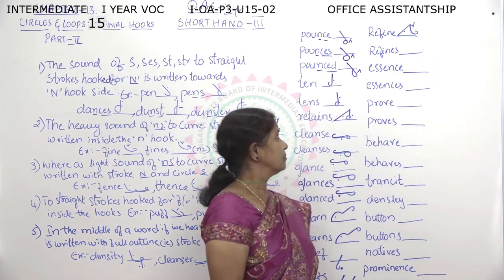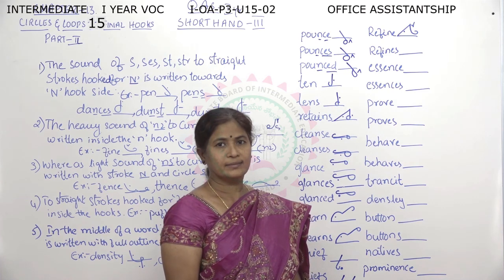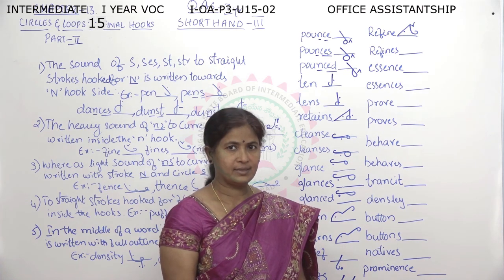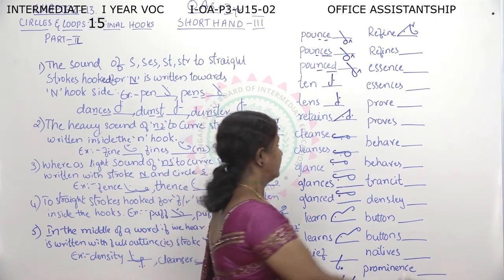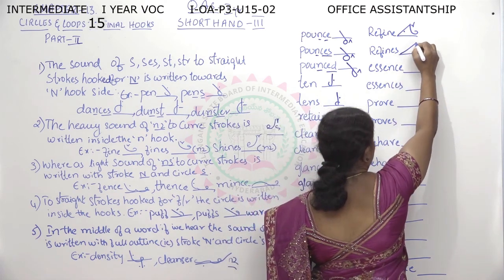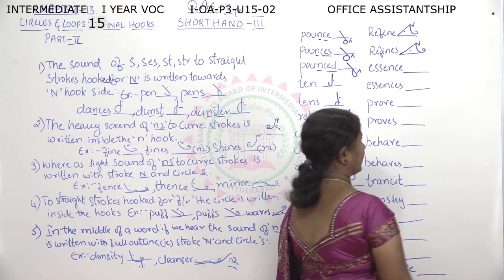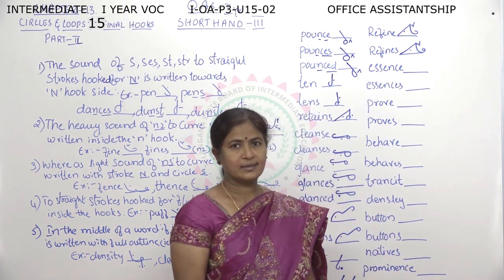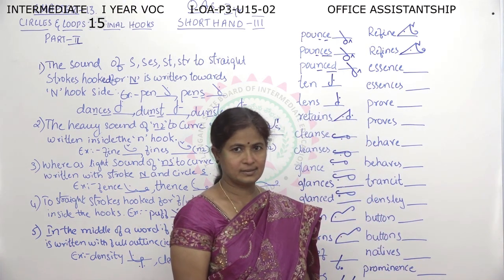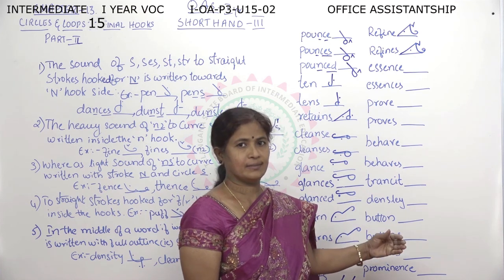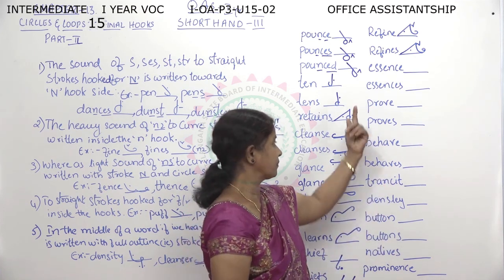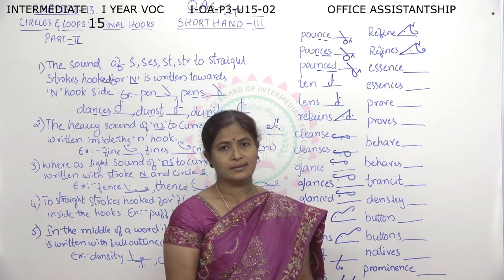Okay. Now, refines. Heavy sound of N's. Refines. How do we write? Write the circle inside the hook. N hook. Refines. Okay, N hook is also the same. N కూడా కనిపించాలి.